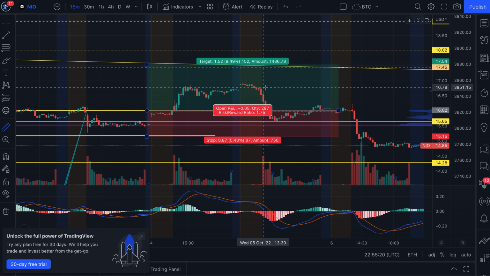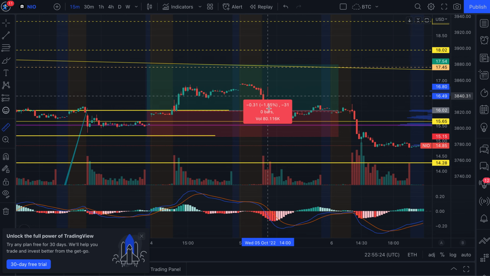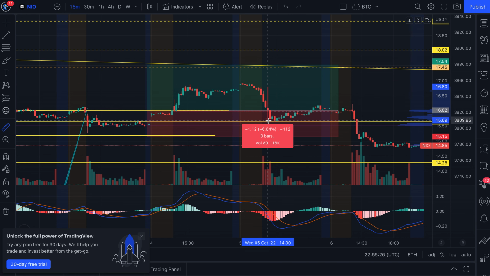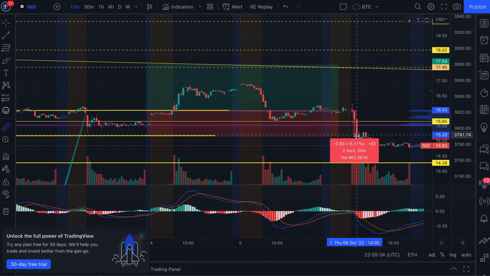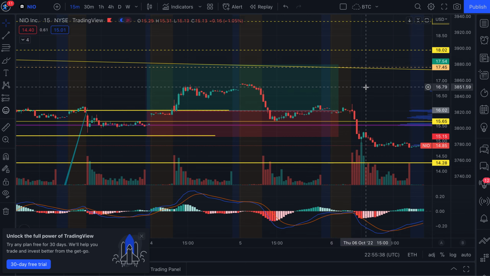The drop here was pretty much, if we don't take into account after hours, about $1.12, and today, Thursday, it was about 90 cents. Okay, so they weren't radically different.